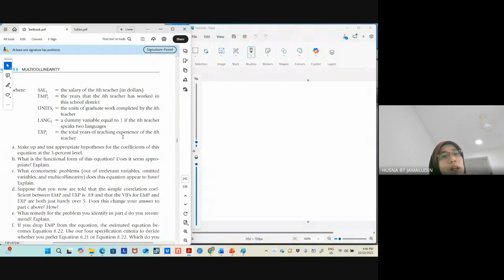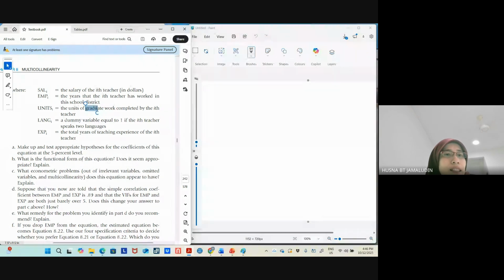So what do you expect? The more years the teacher has worked, do you think the salary will be more? Every year you get an increment in salary, right? So the more years the teacher is working, the more salary they will get. How about the unit?